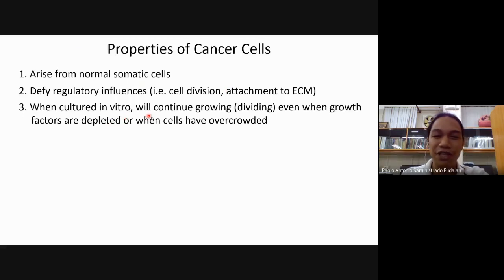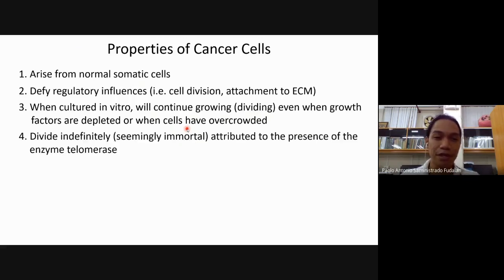When cultured in vitro, they will continue growing or dividing even when the growth factors have been depleted or even when they're already overcrowded. They divide indefinitely. They seem to be immortal, and they have excess enzyme known as telomerase. I hope you can relate to what telomerase means now.